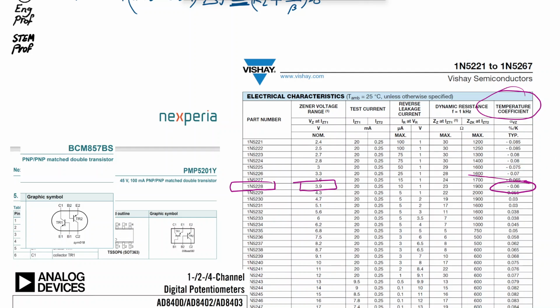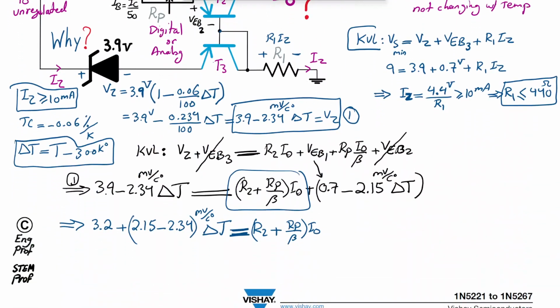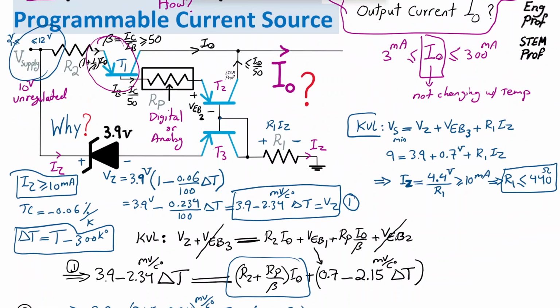But specifically in the range of 3.9 for this series from Vishay, the 1N52 series of Zener diode, we get the nice negative 0.06 with the 3.9 volt that, as I said, now end up with effectively these two components cancel out each other. So whatever change is observed around emitter base of transistor T1 as a function of temperature is exactly followed by 3.9 volt effectively.